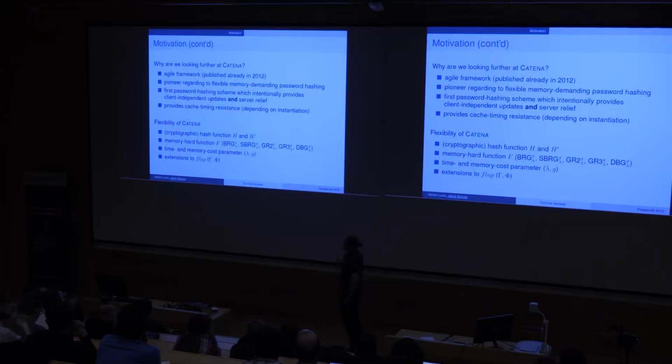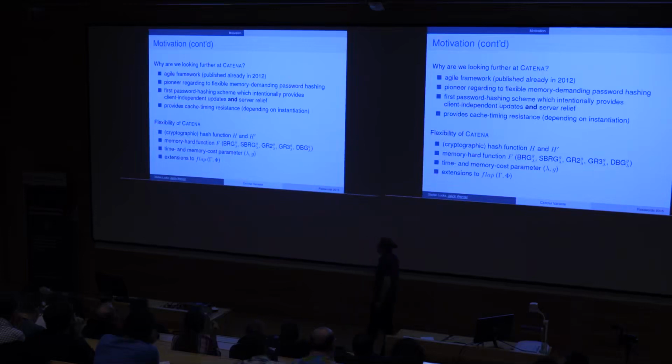Then we have a certain kind of memory-hard functions F, and here are 5 different graph instances which I will introduce briefly later. Then we have the time and memory cost parameters. Lambda is the depth of the graph itself, and G is the width; 2 to the G is the maximum amount of memory you will use if you are a legal user.